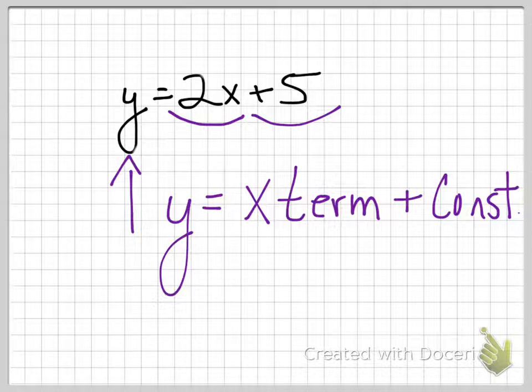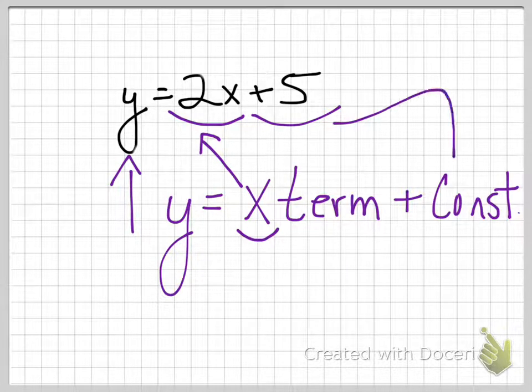When you're in this form, the coefficient of the x, for example in this case the 2, is your slope, and your constant, which is this one, is your y-intercept. So one more time, the coefficient of your x is your slope, and your constant is your y-intercept. Let's write that down.